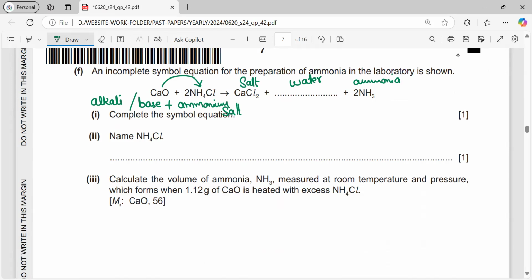This is the general equation. So we're getting the salt, calcium chloride, we're getting ammonia, NH3, and we'll get the water, H2O. NH4Cl is ammonium chloride.